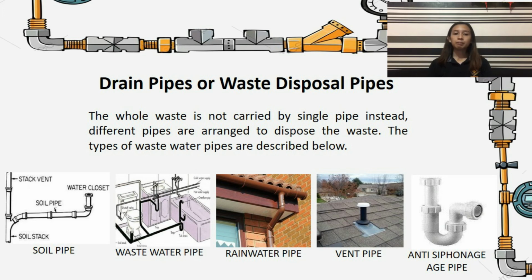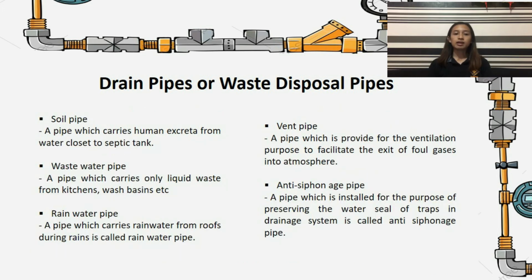So soil pipe carries human excreta from water closet to the septic tank. Wastewater pipe carries only the liquid waste from the kitchen and the wash basins. Rainwater pipe carries rainwater from the roof during the rains. So by providing this type of pipe, you can prevent the accumulation of water on the rooftop.